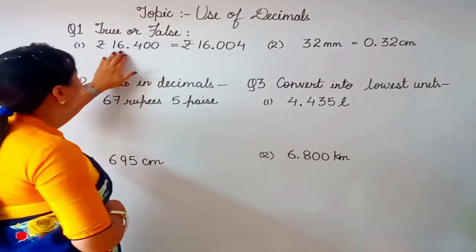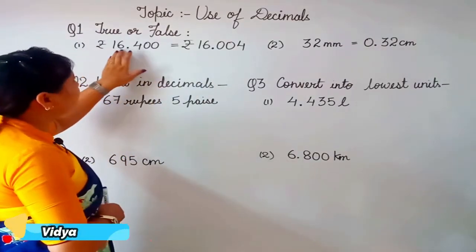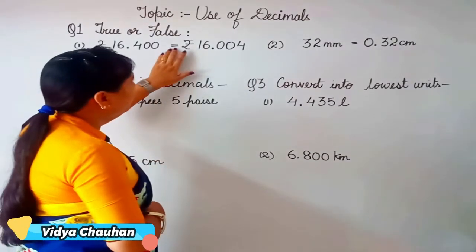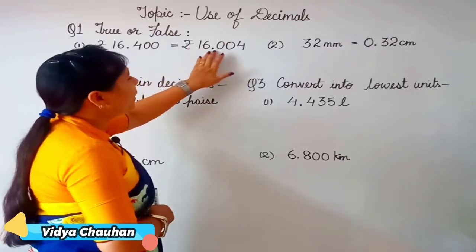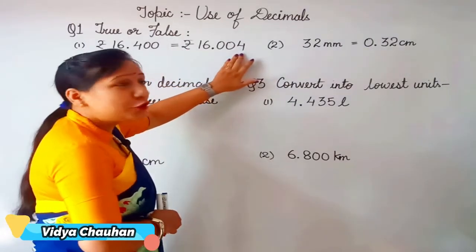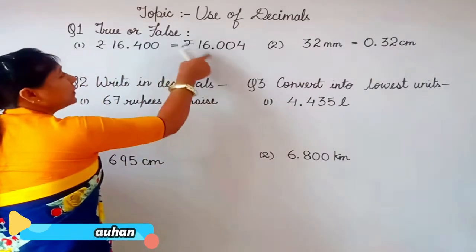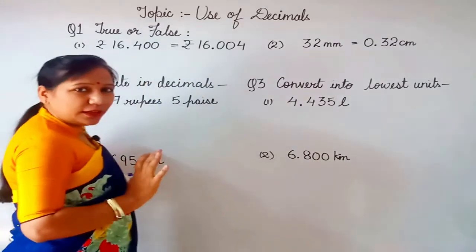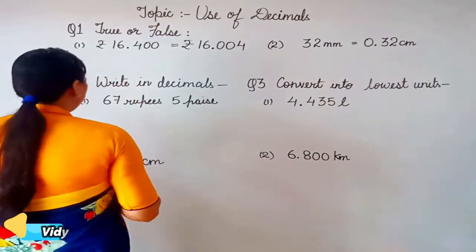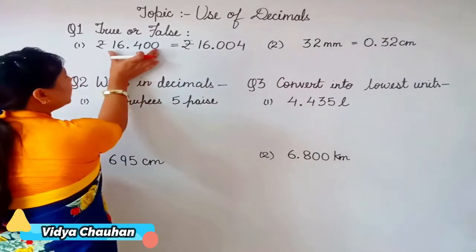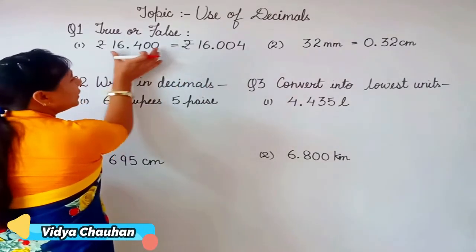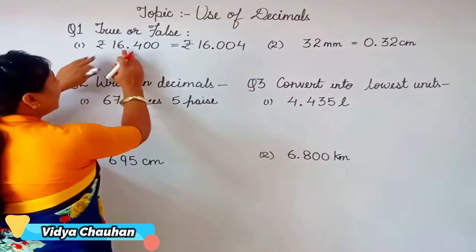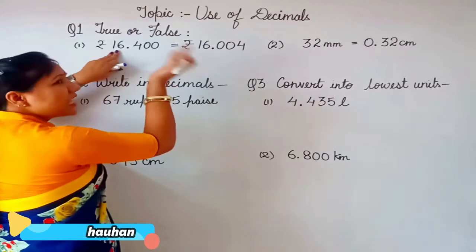For the first part, it is given rupees 16.400. Is this value equal to rupees 16.004? As you can see, both values are given in rupees, so you just have to check the decimal numbers because the standard unit is the same. Let's compare as we have already done.